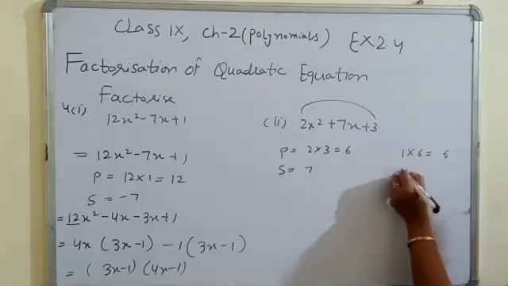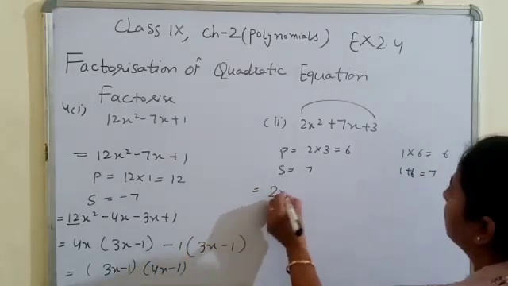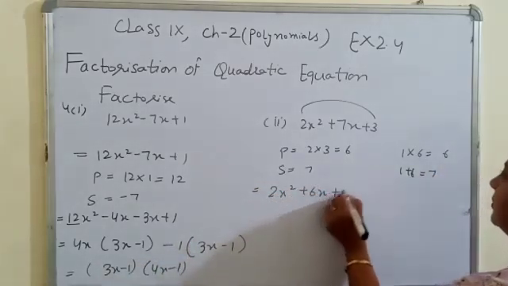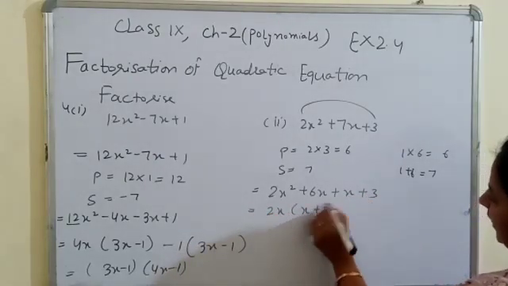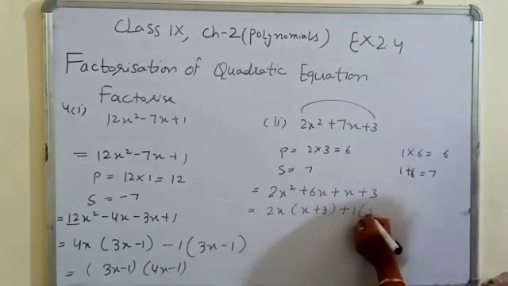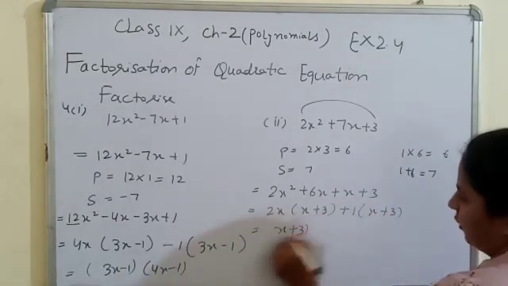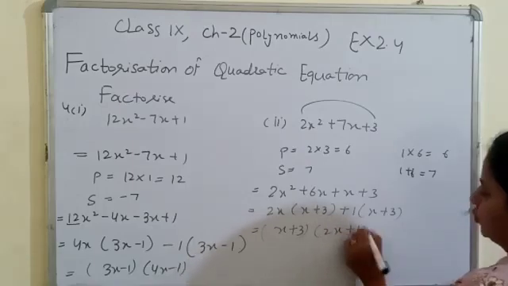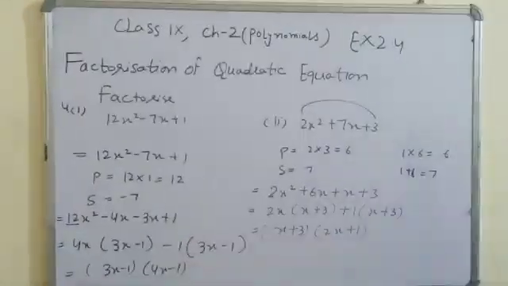Then we add these two numbers, it is plus 7. So 2x square plus 6x plus x plus 3. Take 2x common, x plus 3, and take 1 common from the last two terms, x plus 3. X plus 3 is common, take it out. What do we have left? 2x plus 1. Now these are the factors for the second part.